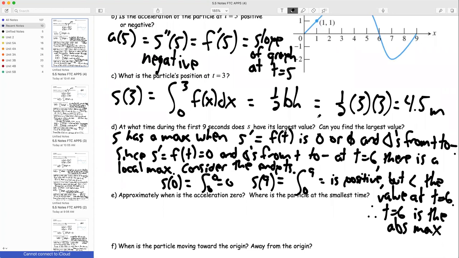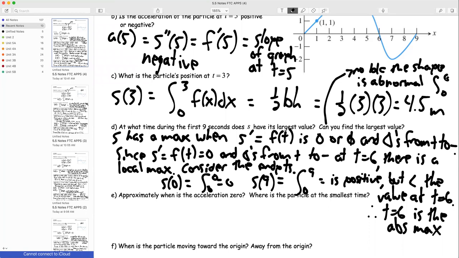So can you find the largest value? This is no, because the shape is abnormal. The integral from 0 to 6.